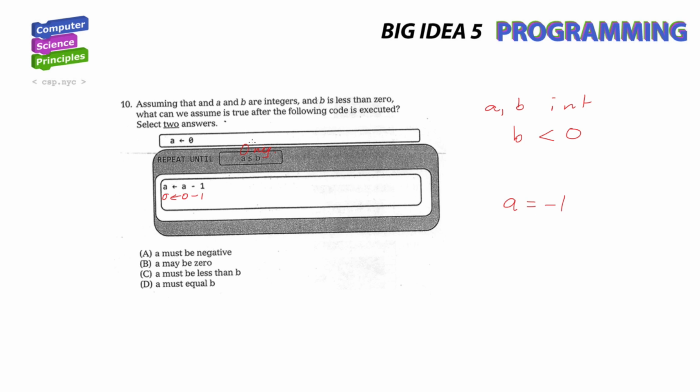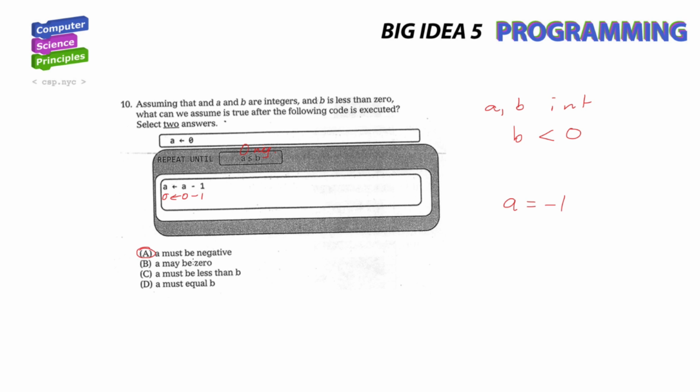And then negative 1 goes in, and depending on what b is, this either keeps running or it stops. Now, we know a few things. We know that a must be negative, because it originally was 0, and then we'll keep subtracting 1 from it. So we know that a must be negative.